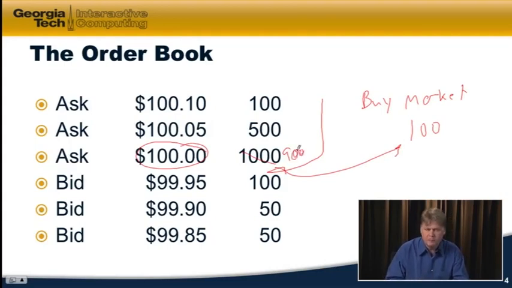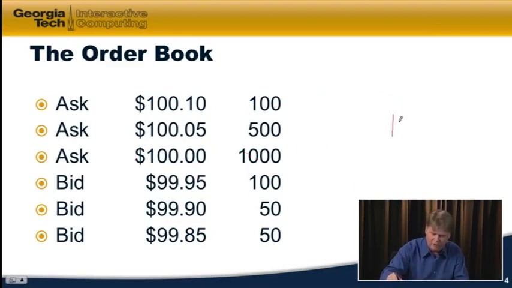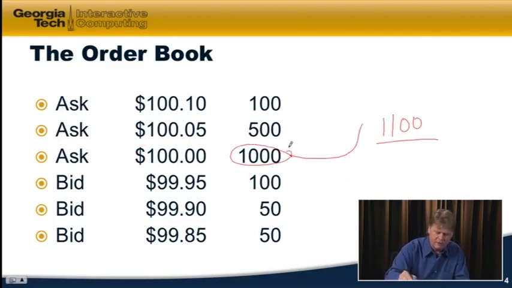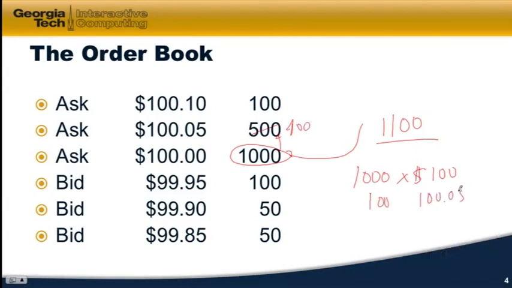What if an order came in, say, for 1,100 shares? What happens? Well, you get all of these 1,000 at $100, and then you get 100 of these at $100.05.